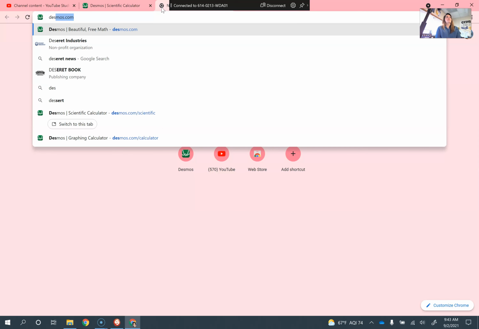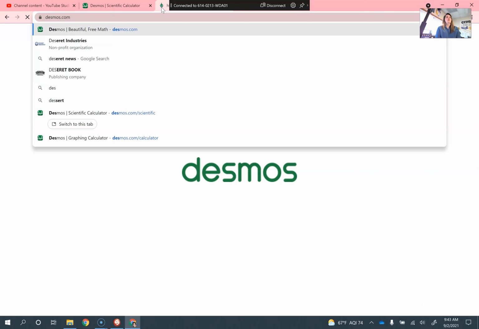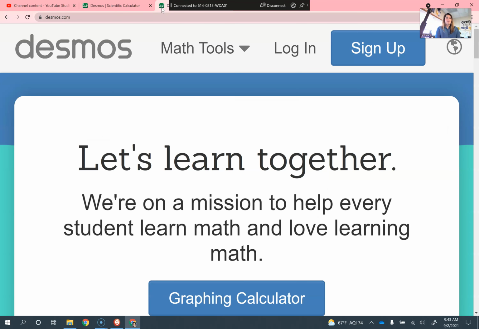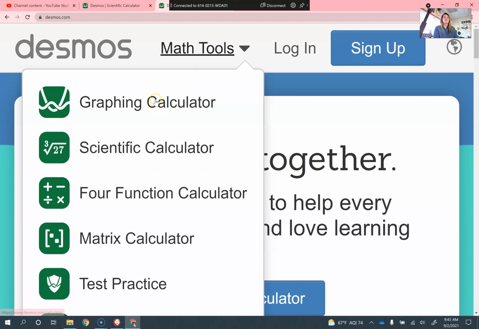From where I'm standing, I should see all of you opening a new window and going into Desmos again. Under the math tools, this time you're going to choose the graphing calculator. So leave the regular calculator in one window and switch to the graphing calculator in another one.